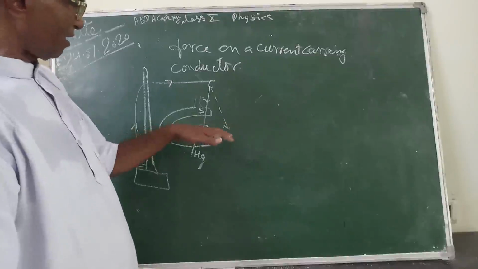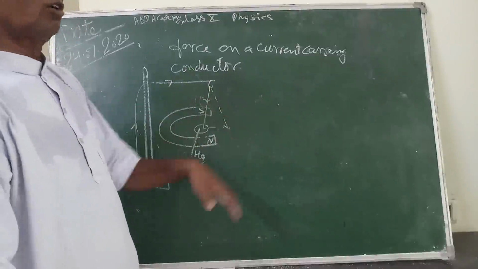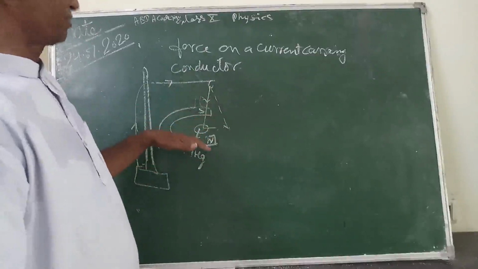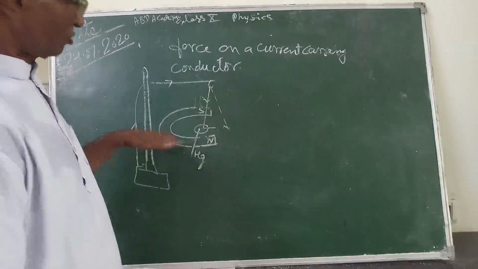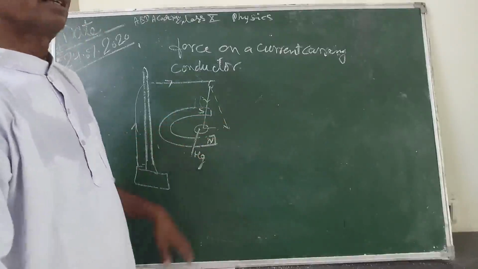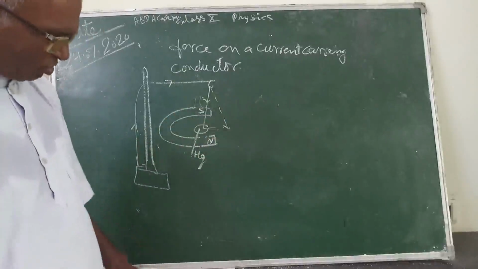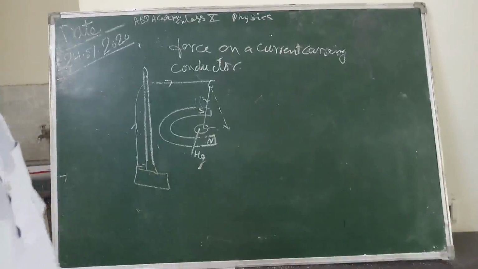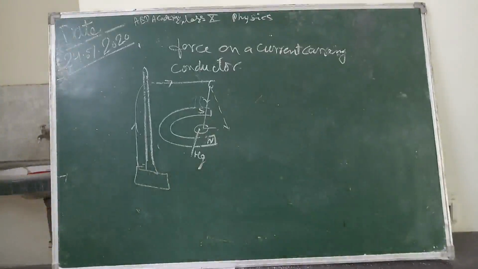So again and again the conductor goes outward toward the magnet and returns after breaking the current. So continuously it acts like this. This is the experiment to show the force on a current carrying conductor.